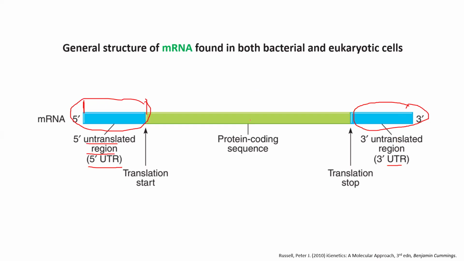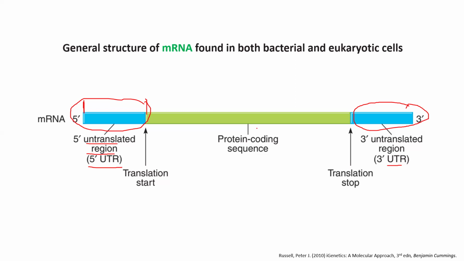In between, there is a protein coding sequence, and this protein coding sequence specifies the amino acid sequence during translation. These arrows represent translation start, where the ribosomes will begin the translation, and translation stop, where the translation will stop. So this is the protein coding sequence, and it is flanked by two UTRs, the 5' untranslated region and the 3' untranslated region.